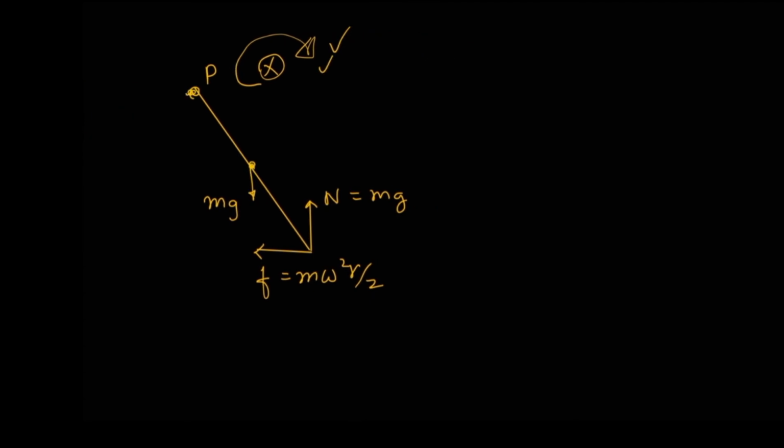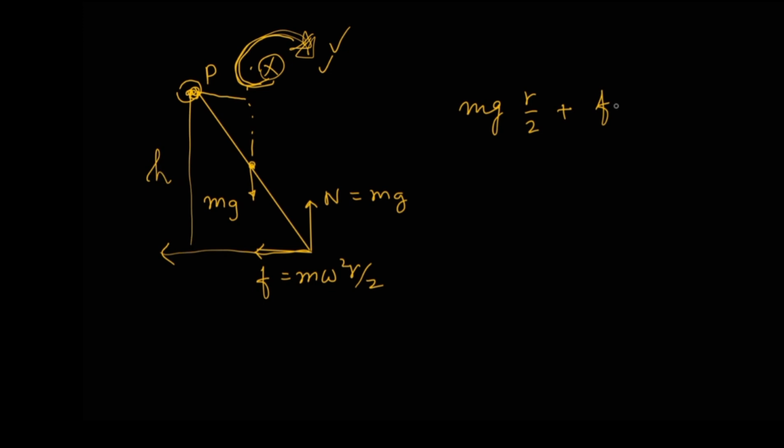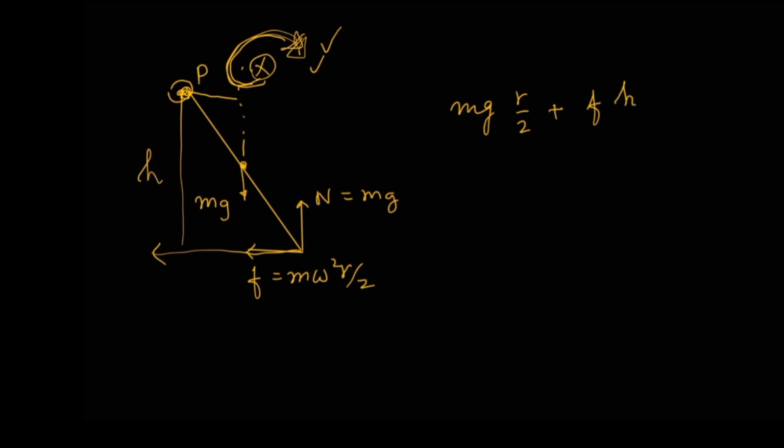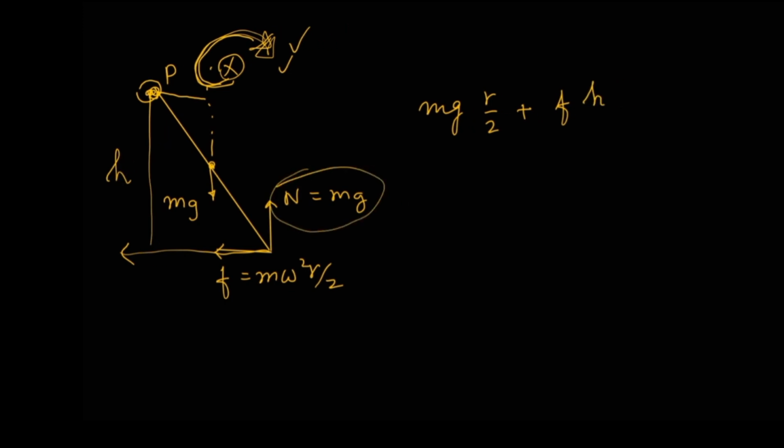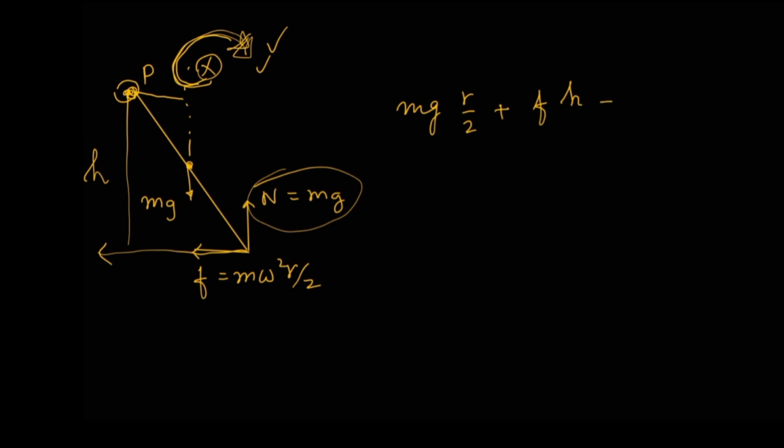With respect to P, or about P, mg will rotate along this direction. So its torque will be mg into the perpendicular distance, that is r by 2. Friction will also have a tendency to rotate in this direction, so plus friction into this perpendicular distance, which is h. And N will have the opposite tendency, so minus N into the perpendicular distance from P, which is r.